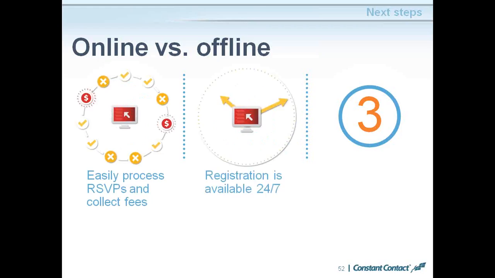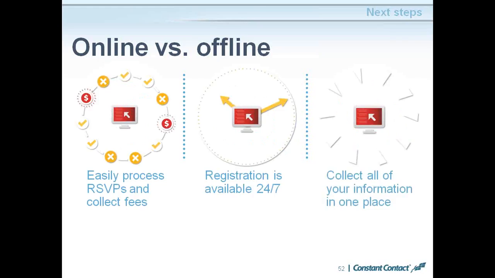Online tools are available 24/7. Remember, we talked about how it's like having a conversation with your invitees while not having to actually be there. Online tools bring the various elements of the process together into one place, making it easier for you as the event manager.